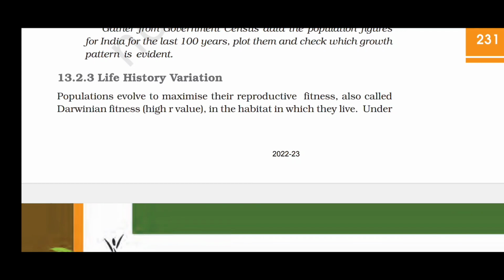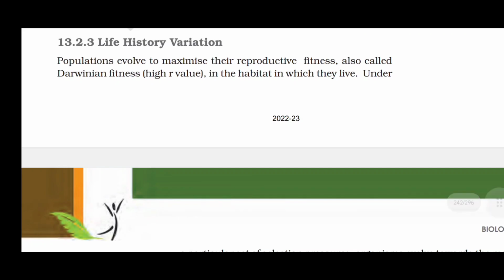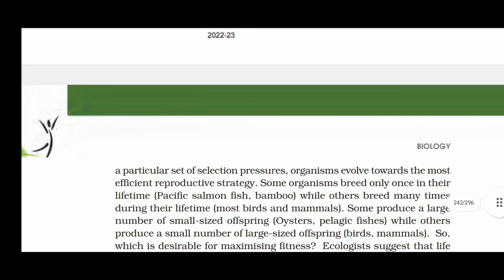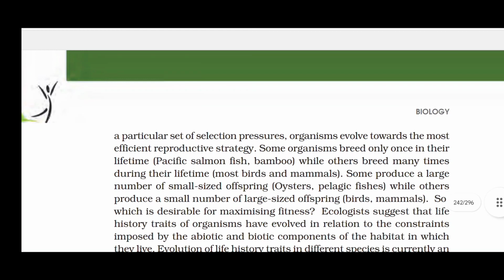Populations evolve to maximize their reproductive fitness, also called Darwinian fitness, that is, a high r value in the habitat in which they live. Under a particular set of selection pressures, organisms evolve towards the most efficient reproductive strategy.